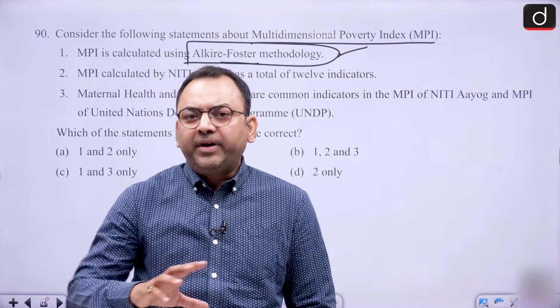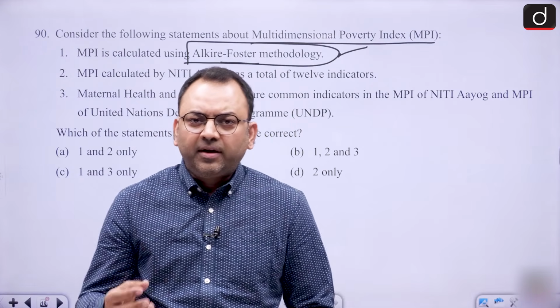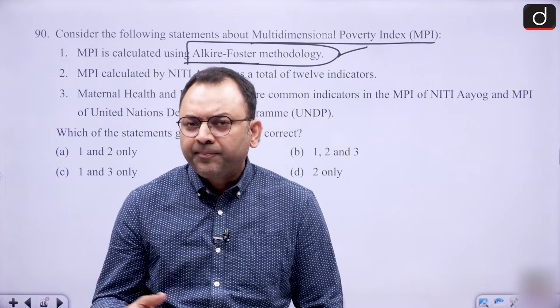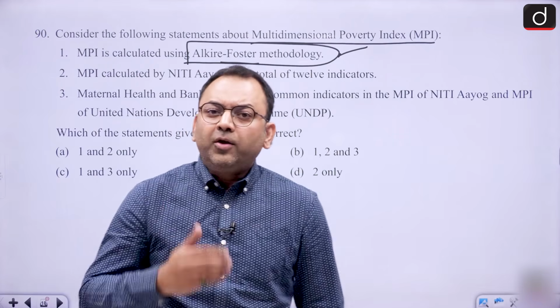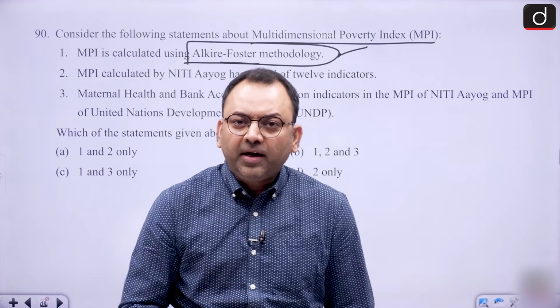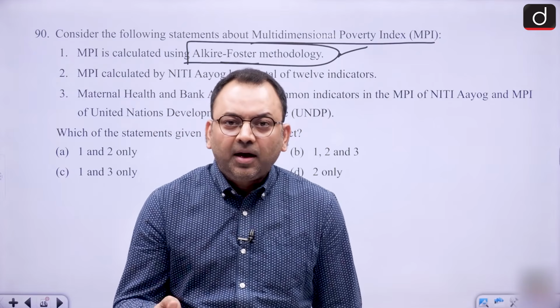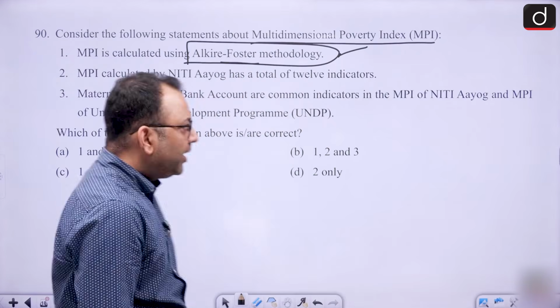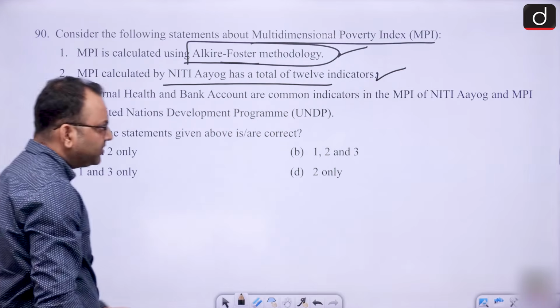The UNDP took 10 indicators, like child nutrition, attendance, cooking fuel, and so on. Niti Aayog introduced MPI for India, but they added 2 more indicators. One is maternal health, the other is bank account. That's why the MPI by Aayog has 12 indicators. That's true. That's the correct answer.